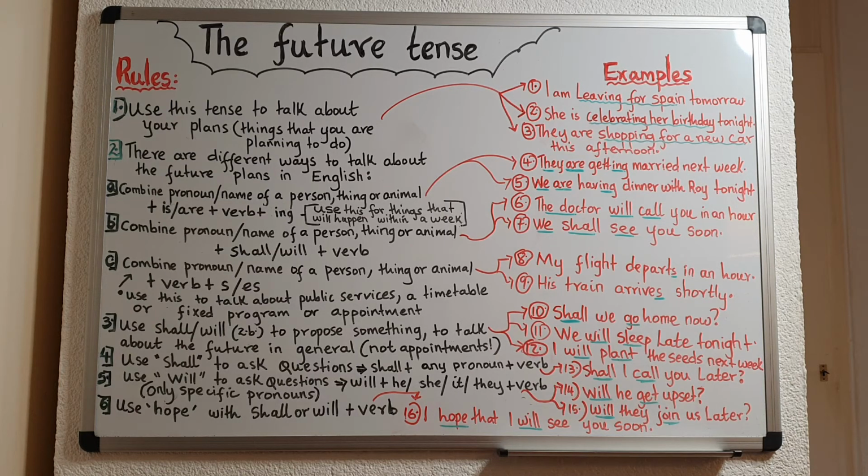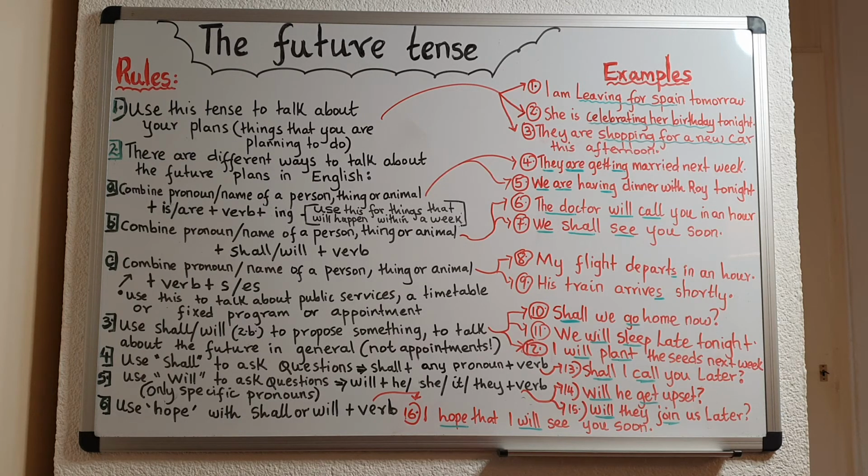And if you look at example 8, my flight departs in an hour, you're talking about a timetable. It is a fixed program. And then number 9, his train arrives shortly. You're talking about a public service that has a fixed timetable or program. The train arrives shortly.